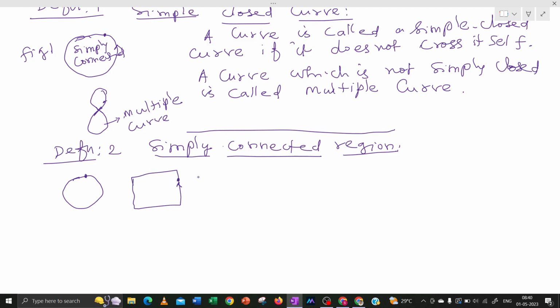This is also a simply connected region. So how can we define a simply connected region?